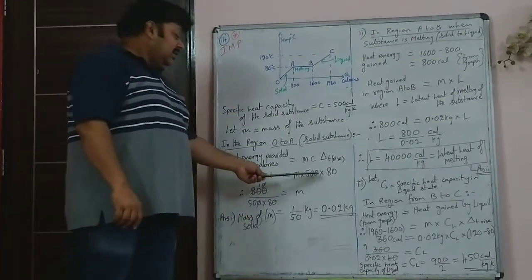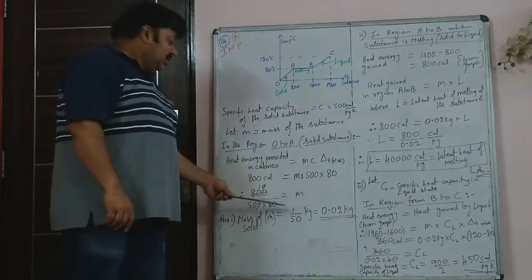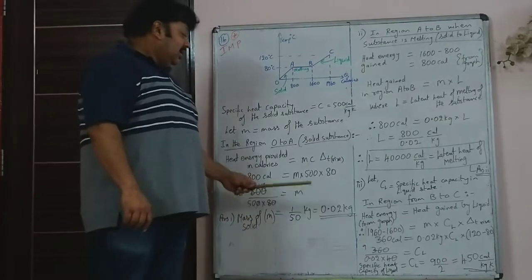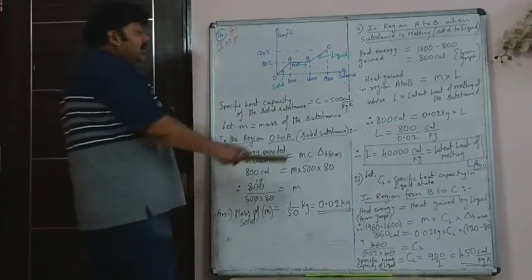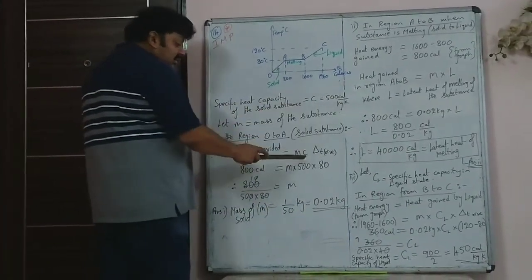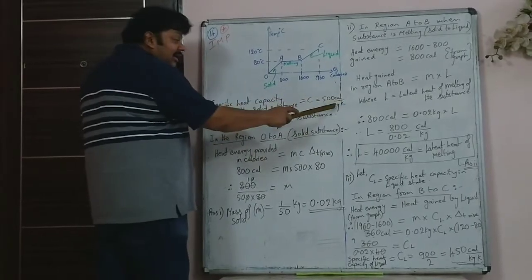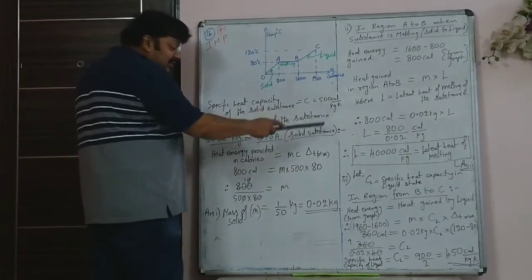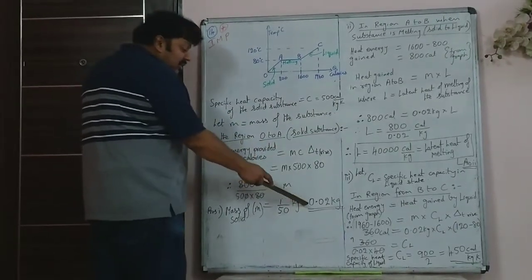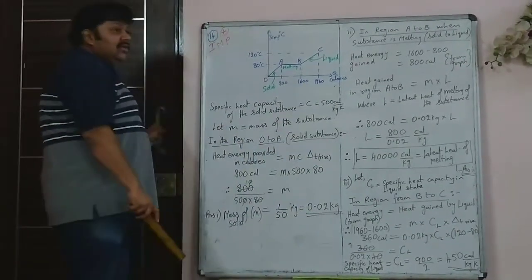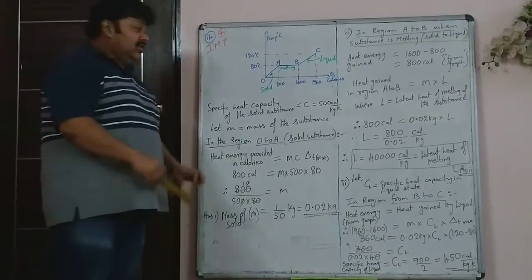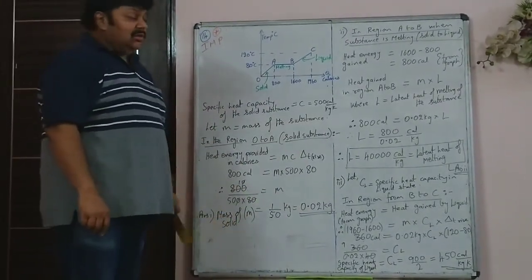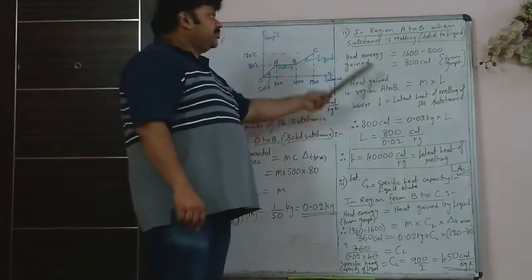So 800 upon 500 upon 80, that will give you 1 by 50, it is in kg. Why? Because this value 500 calorie, it was in kg. So because this is in kg, so your mass that you have got is in kg. So that is 0.02 kg. So you have to look at the units and decide what is the unit for the mass.